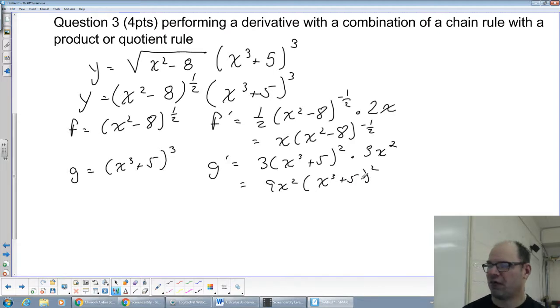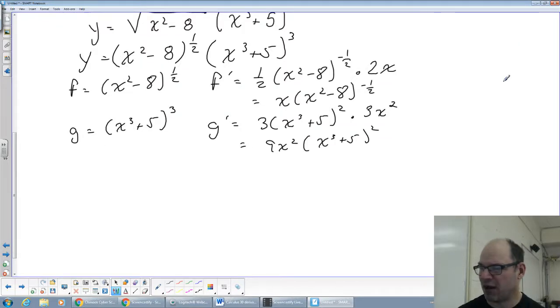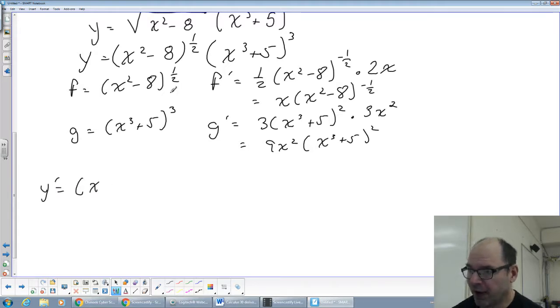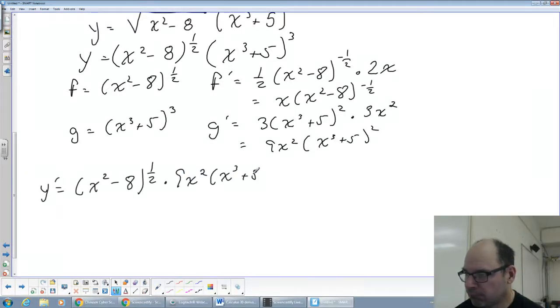Okay, so now I've got it all set up, and I can just do my product rule. F g prime first, so F times G prime plus G F prime.